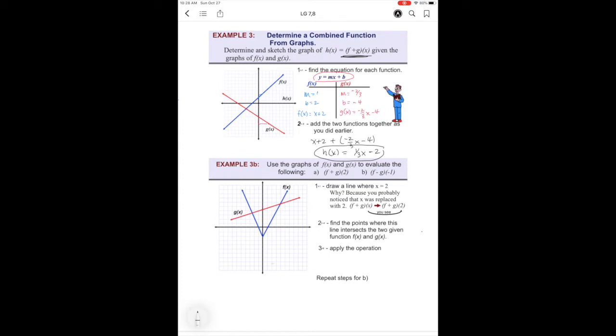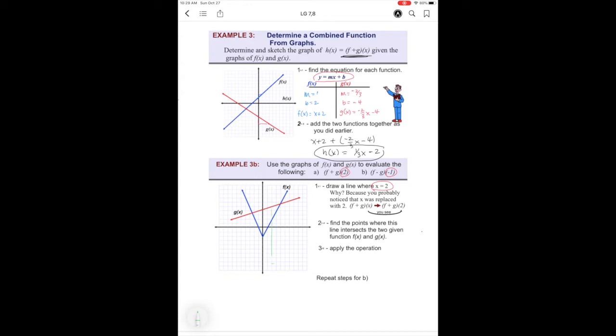Now the next one is actually a little easier, because if you notice on the question, there's no x there, there are numbers. So we don't have to write a big equation and work it all out. We can just use the line x equals 2, draw a nice line up and find the values.